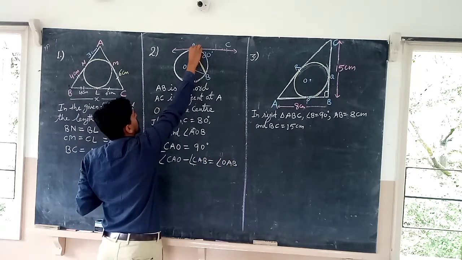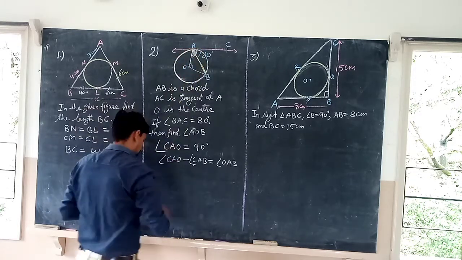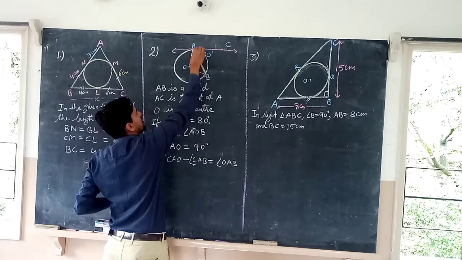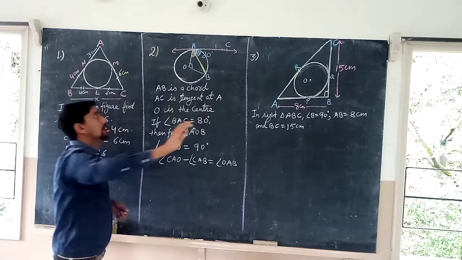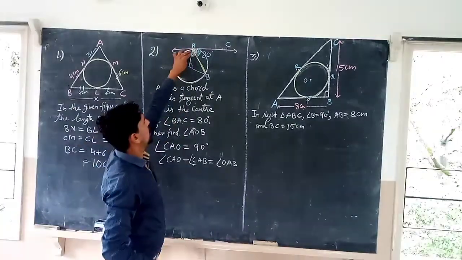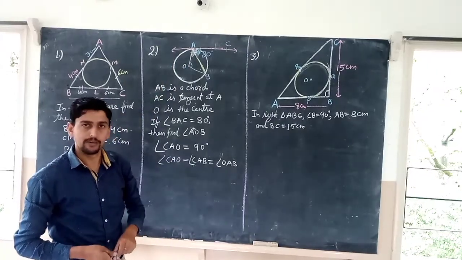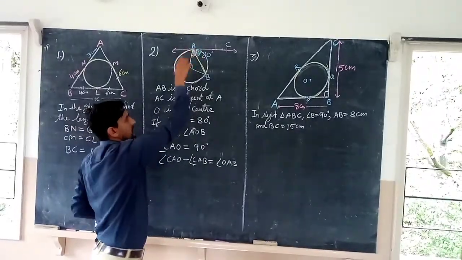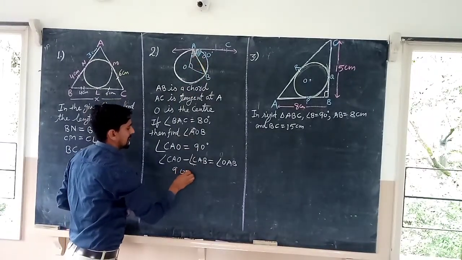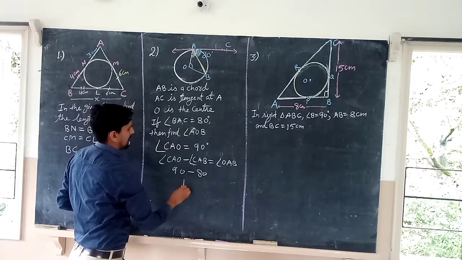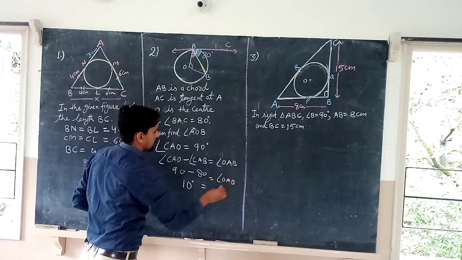Because from this whole, if we subtract this one, I am shading the part for you, please pay attention. From this whole, I have to subtract this one, then I will get this angle, right? So this whole is 90 degrees and this is 80 degrees. If you subtract 90 minus 80, you will get 10 degrees, which is equal to angle OAB.